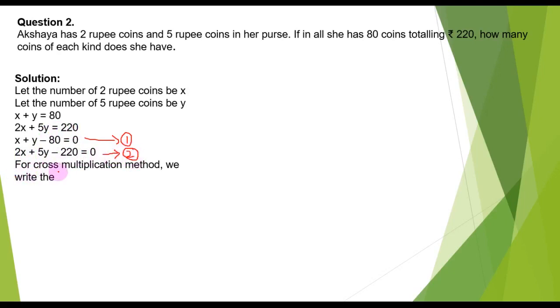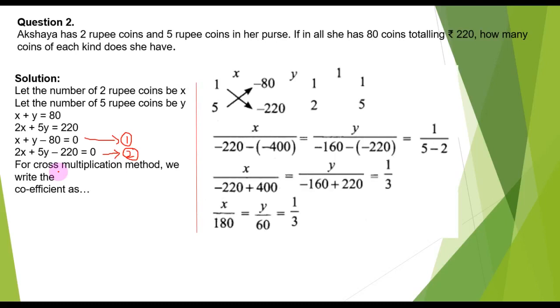Now let us use the cross multiplication method. So look here, x, y, the constant 1. We have seen already the cross multiplication method: we should write from the y coefficients.